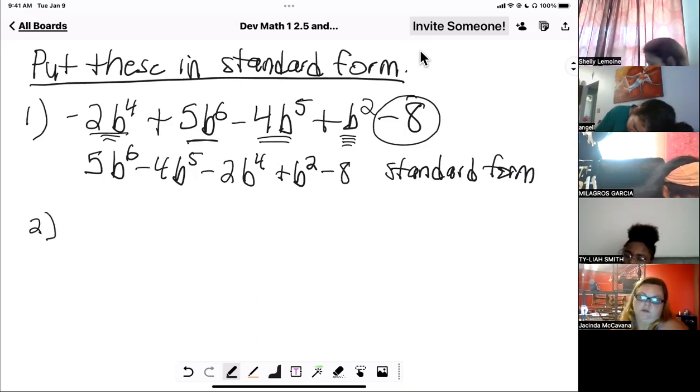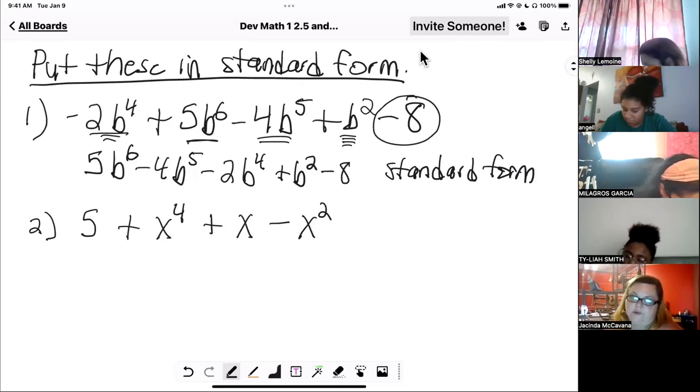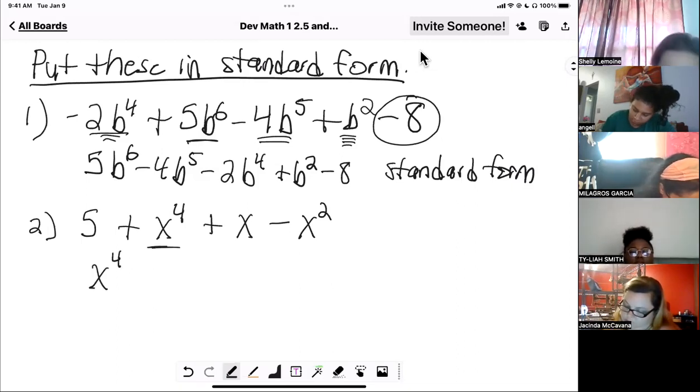Number 2: 5 plus x to the fourth plus x minus x squared. So that's the answer you got. You added like terms. This is what you got. Perfect. Now you want to think of it in standard form. So the highest exponent I have is the fourth power, x to the fourth.